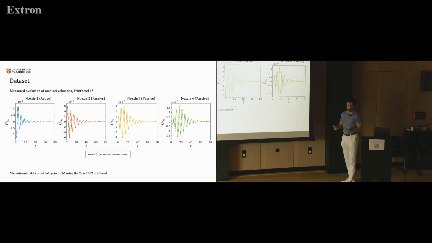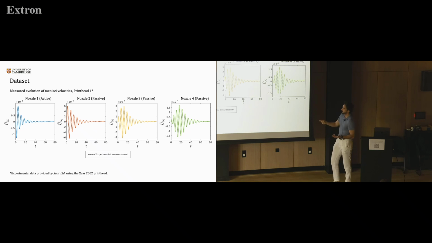This is how the data set looks like. So I'm showing essentially the velocity of the meniscus over time at nozzle 1, the active one, 2, 3, 4, and so on.